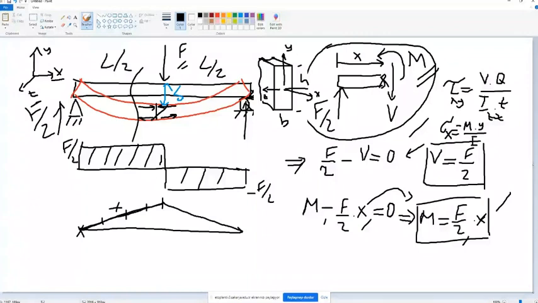For example, this one is B. Height is H. I will calculate it as B multiplied by the cubic function of H over 12. So you can say that IZ is equal to B H cubed over 12.